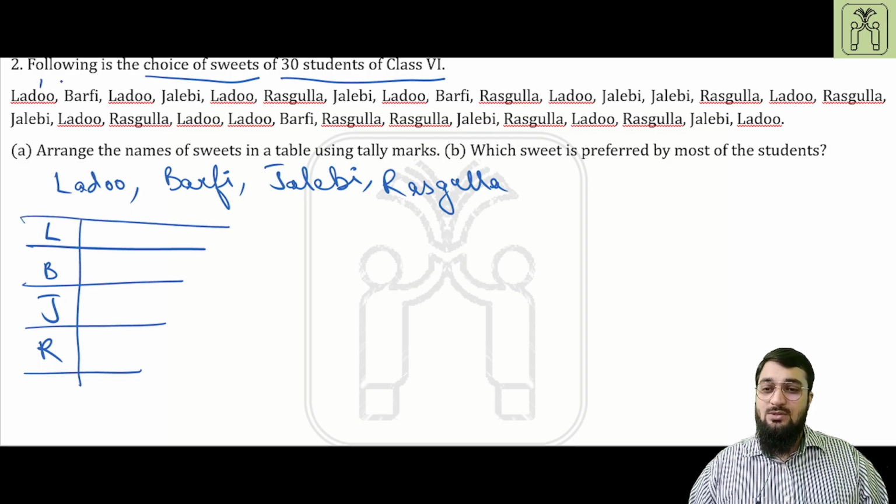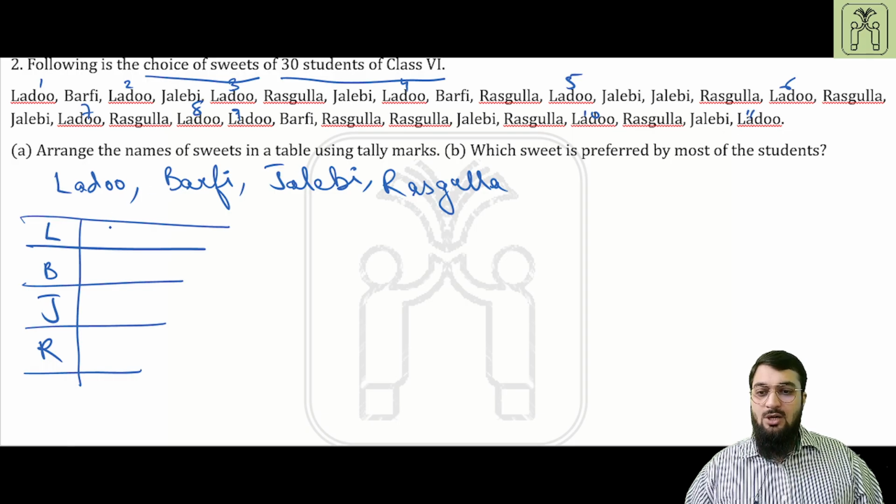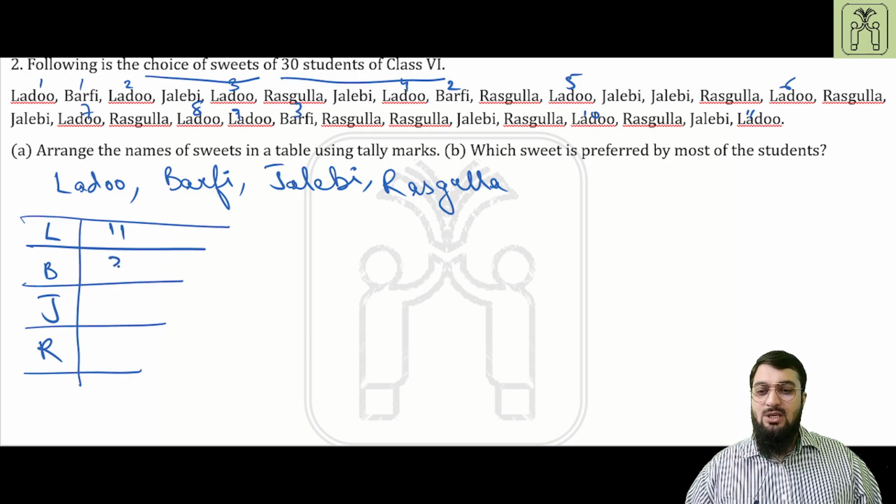So laddu is 1, 2, 3, 4, 5, 6, 7, 8, 9, 10, and 11. So laddu has got 11 votes, barfi 1, 2, 3. Okay, only 3 votes for barfi.